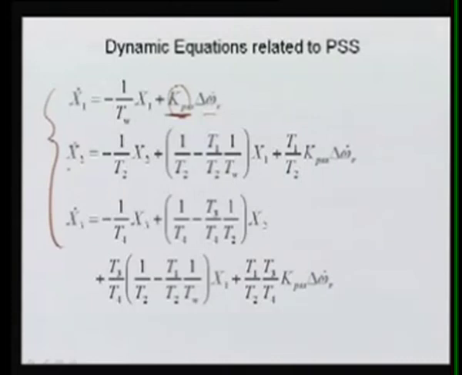Now x2 we get from T2 and T1, and x3 if you are using more time constants, and so on. So you keep on adding the differential equations corresponding to that.